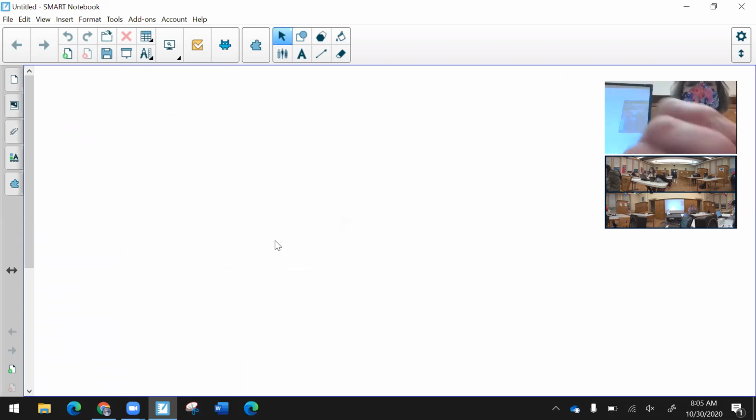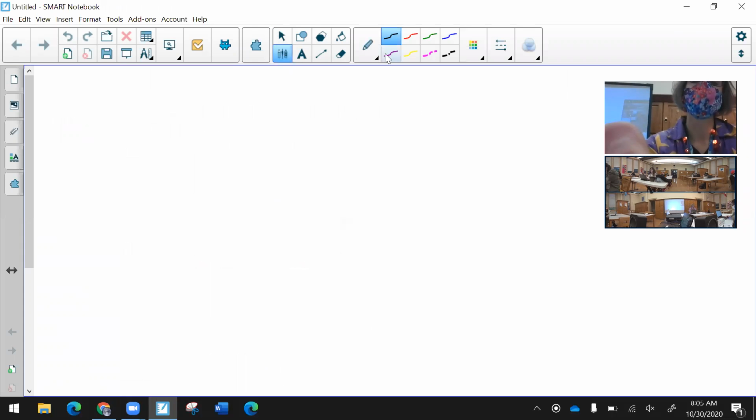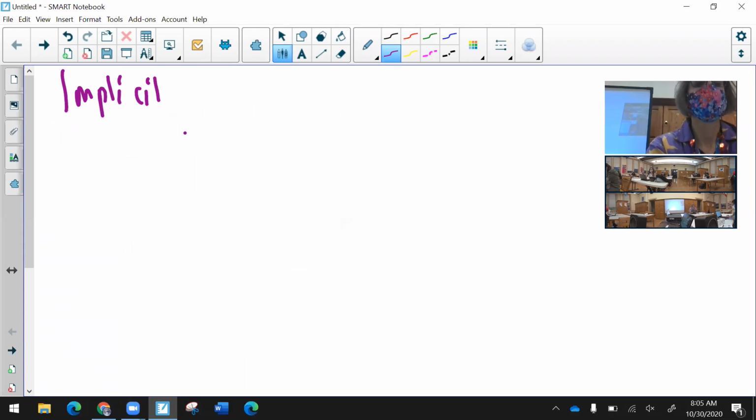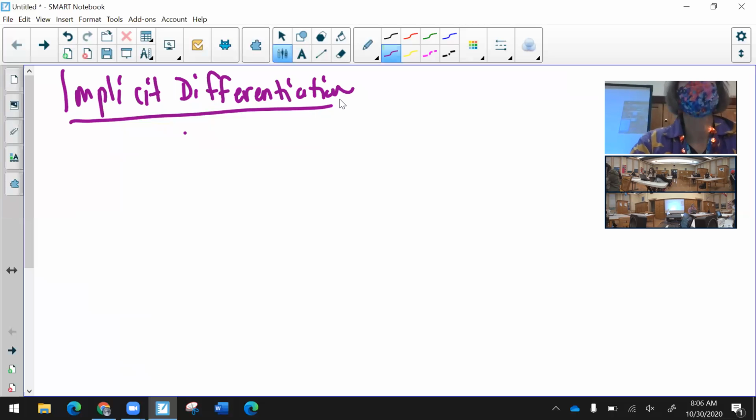All right, so implicit differentiation. Which is really just an application of the chain rule, which is why we need to do the chain rule first.